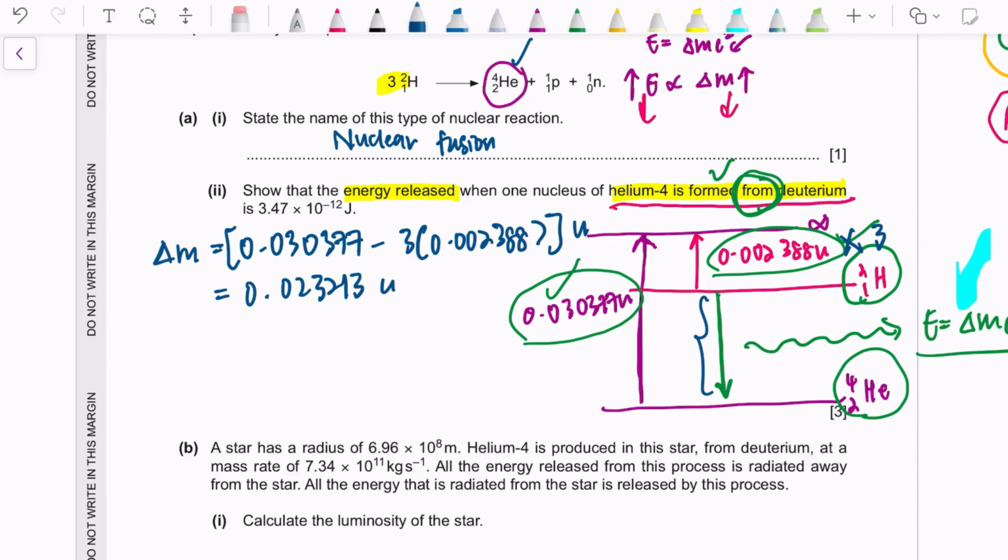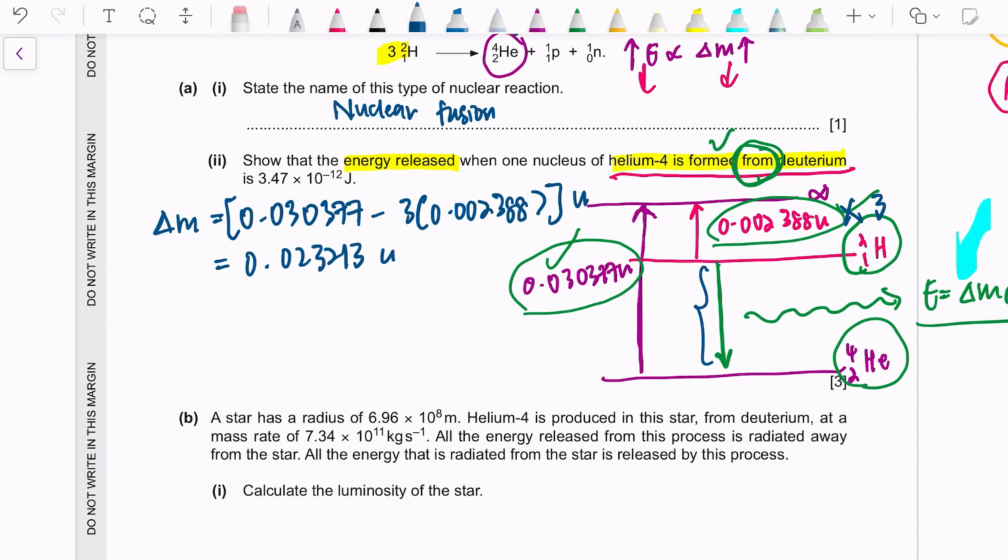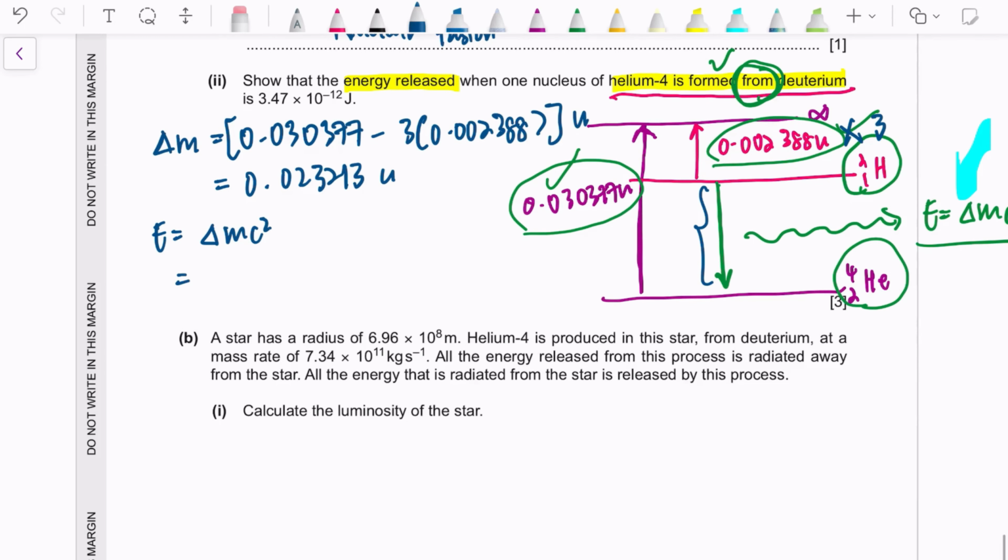Now we're going to use the formula E equals mc squared to get the energy release. So 0.023213 U, because it's in U, I'm going to substitute in my unified atomic mass unit here, times 3 times 10 to the power of 8.